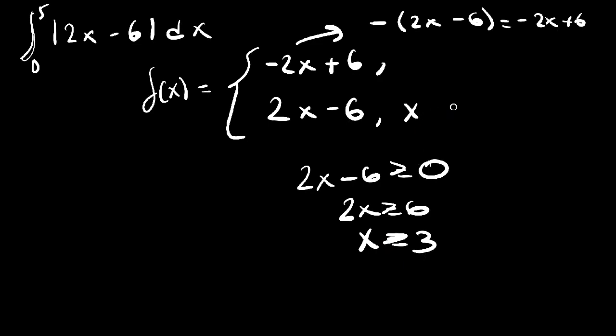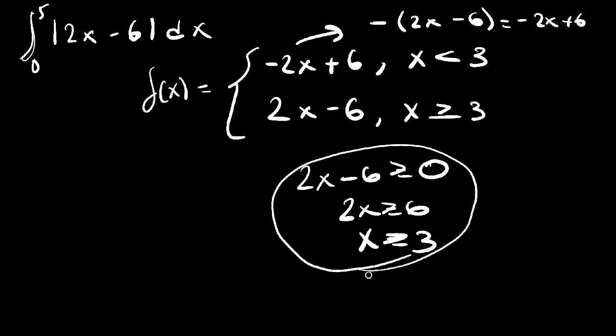So over here, x is greater than or equal to 3, and here it automatically becomes x less than 3. This is the negative alternative, negative 2x plus 6, and this is the positive side, 2x minus 6, which is the original function. Just keep that in mind, and in order to find the bound, you just do this.